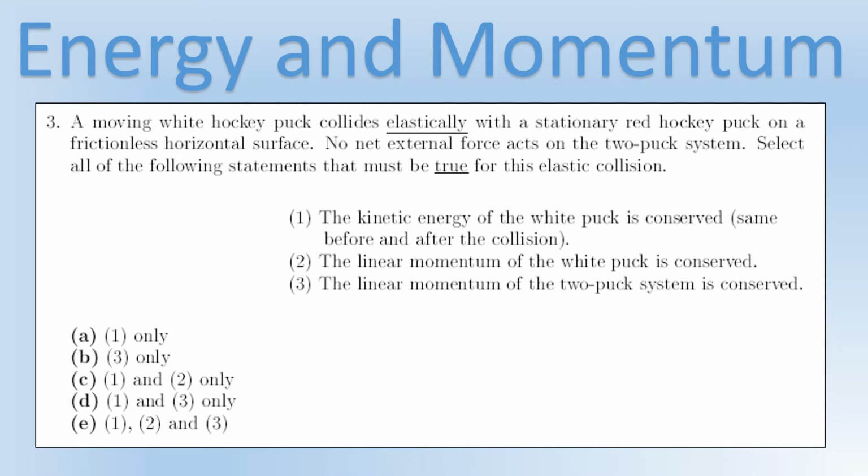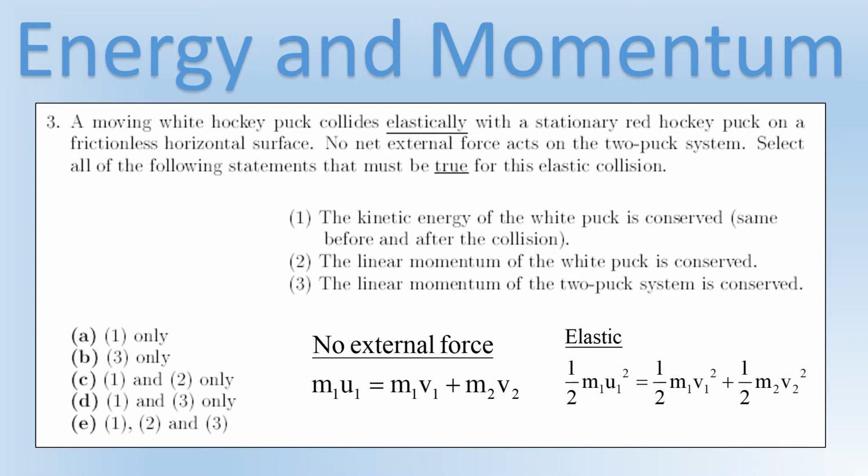Okay, so if there's no external force acting, we can apply the principle of conservation of momentum. So initially, only the white puck is moving, so we only have 1 momentum term. But after the collision, we're now going to have 2 momentum terms because they're both going to be moving. So we can also apply the condition of the elastic collision, which states that the total kinetic energy is conserved.